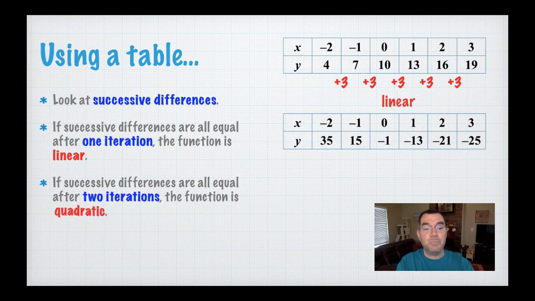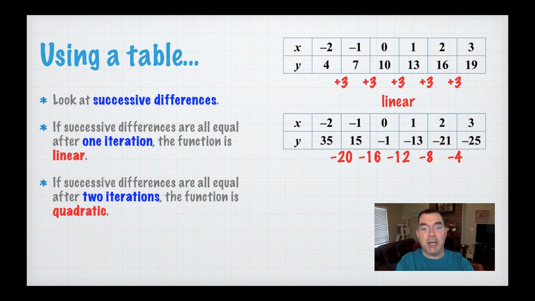Okay? If the successive differences are equal after 2 iterations, then the function would be considered quadratic. So looking at the second table, if I go from 35 to 15, that's a change down by 20. 15 to negative 1 is a negative change of 16. And then I found all the other changes as well, but they're all different, so I can't say that this is linear.